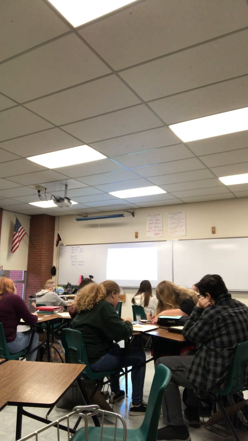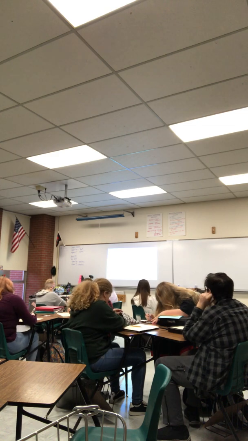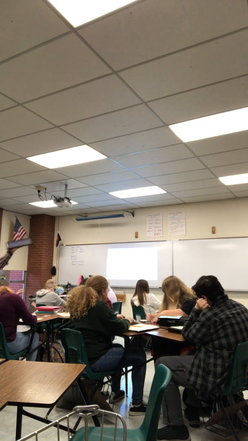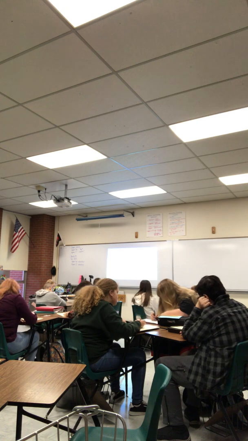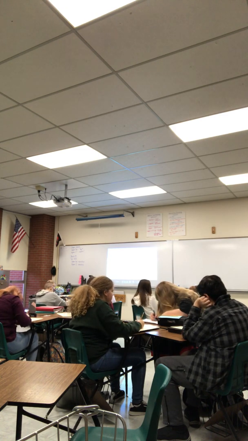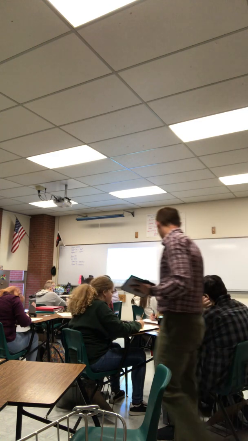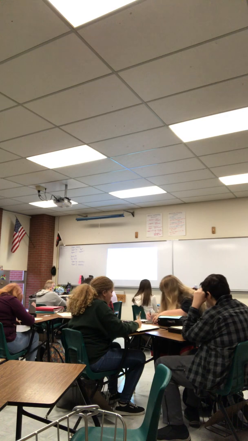That same idea is true for vertical lines, except instead of looking like y equals some number, it's now going to be x equals some number, and I'm going to call that number a. So you're going to know it's a vertical line if all you have for your equation is x equals a number. If x equals 6, that's a vertical line. You know it right off the bat.